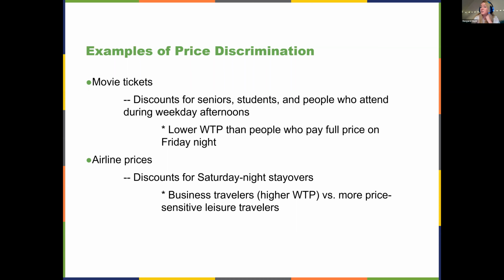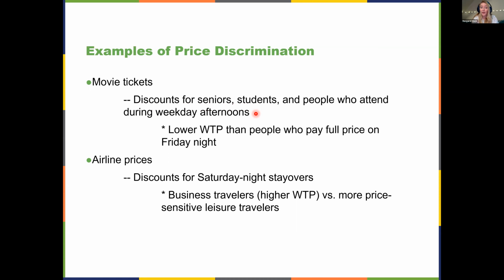So one, probably pretty obvious example of price discrimination would be movie tickets. Movie tickets offer discounts for senior citizens and for students and for people who attend during weekday afternoons.